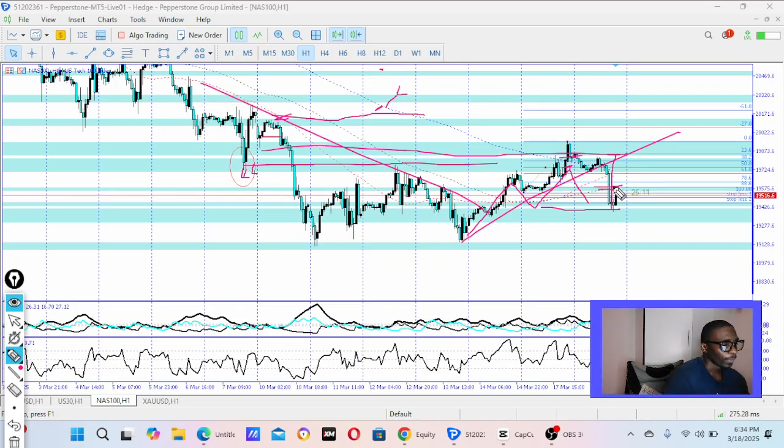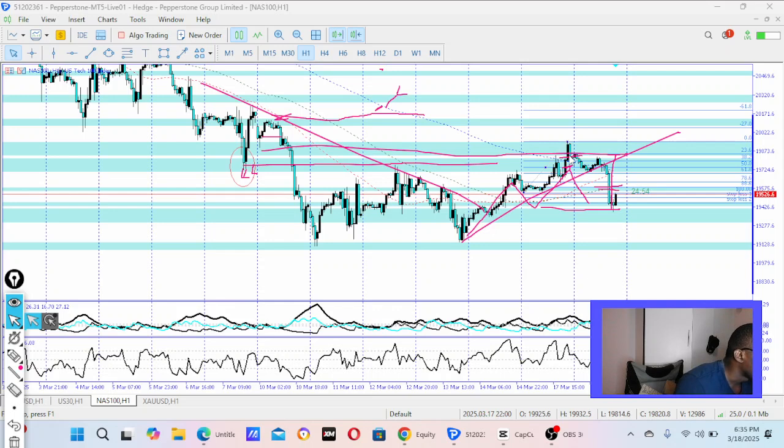So those are the two losses that I want to talk about. I could call them psychological losses, because I was trying to catch this sell before the signal was generated.